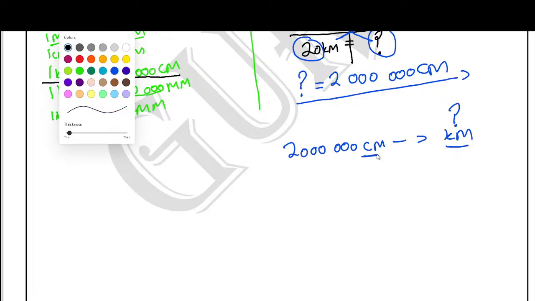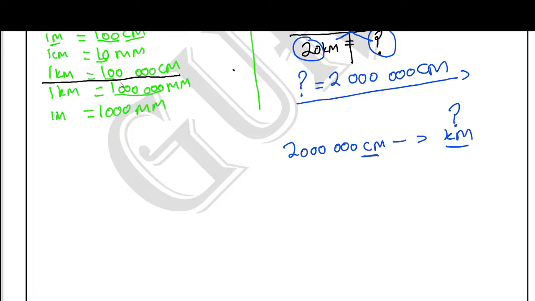Since they are talking about centimeters and kilometers, come back to your metric system and then rewrite what your metric system is saying about kilometers and centimeters. Our metric system says 1 kilometer is equal to 100,000 centimeters. It doesn't change.